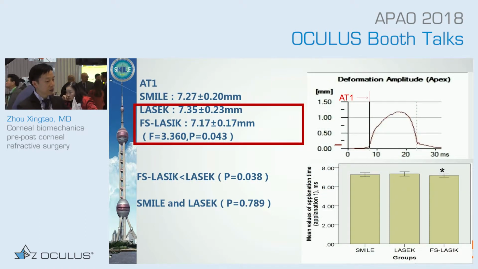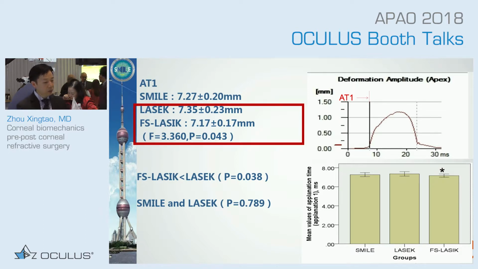LASIK was 7.35, femtosecond LASIK was 7.17, and the p-value was 0.043, but compared with SMILE, the p-values for femtosecond LASIK and LASIK were over 0.05.